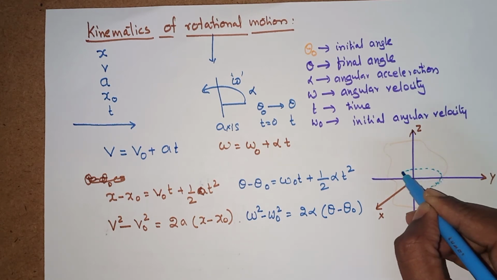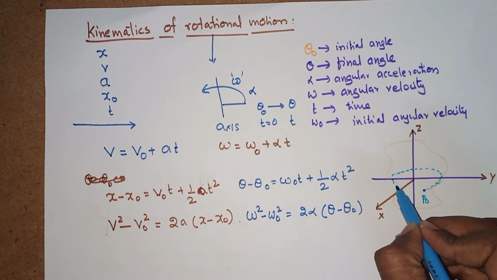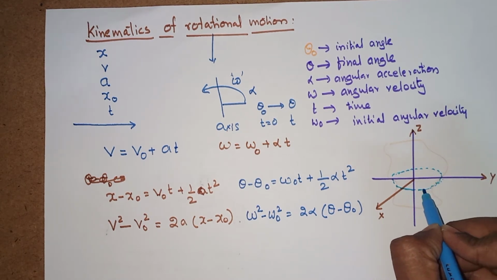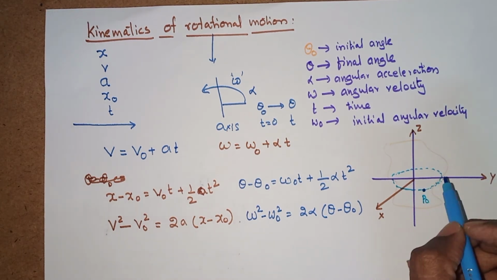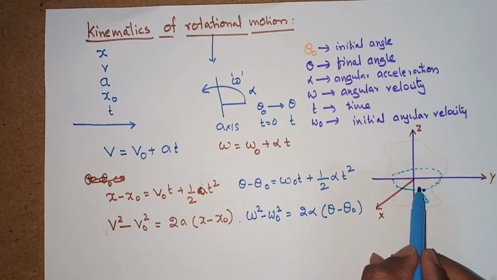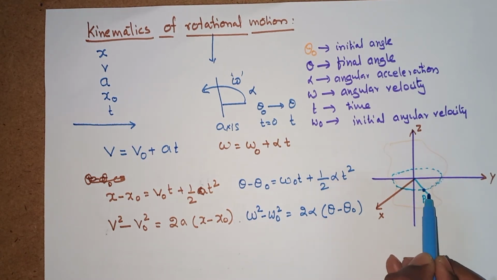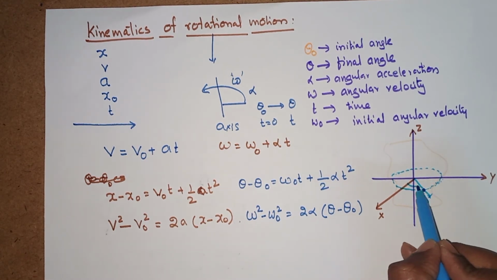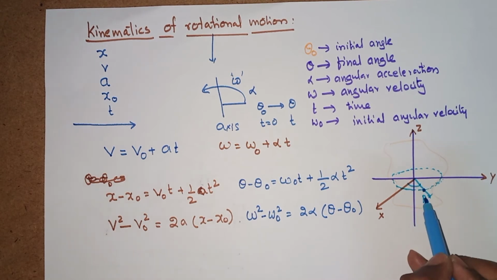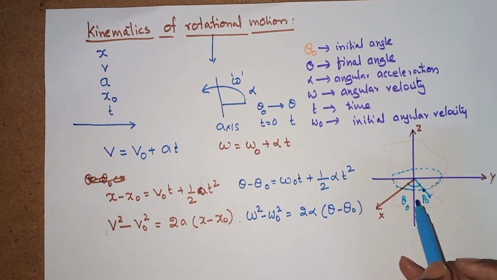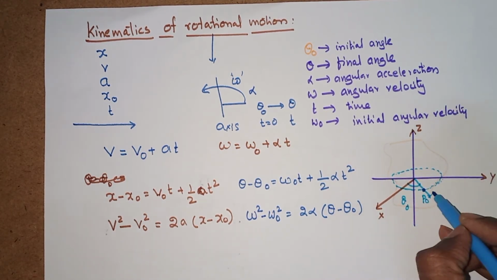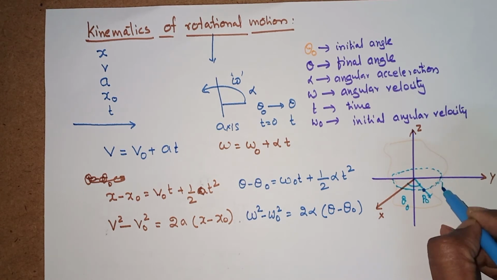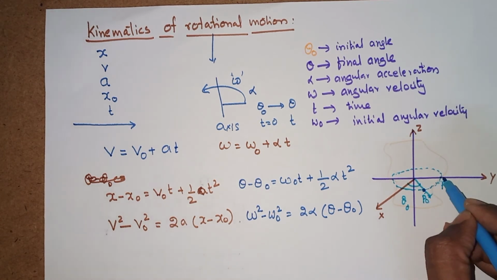We can draw a circle, and a point p is there. From the axis, we can draw a vector for the initial angle, which is theta naught, moving from p naught to p.